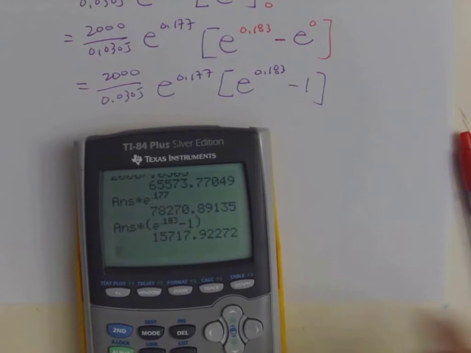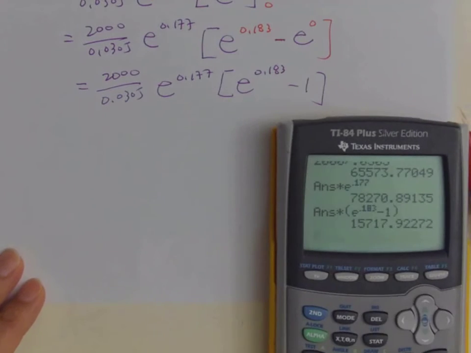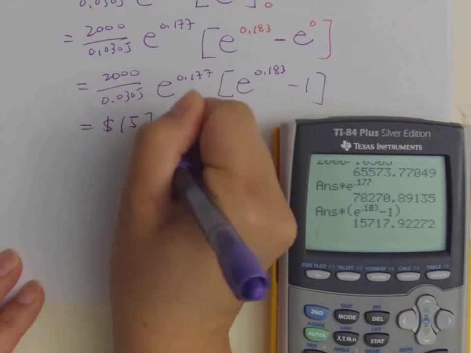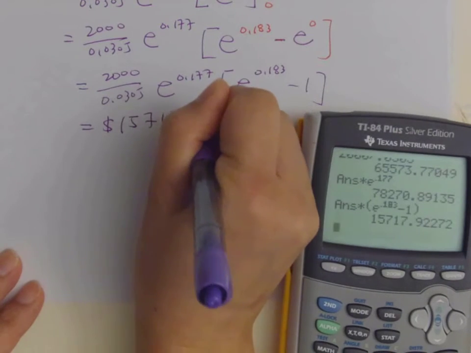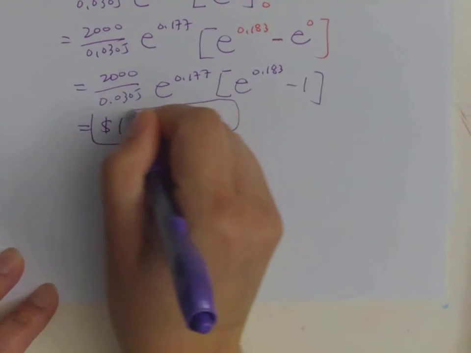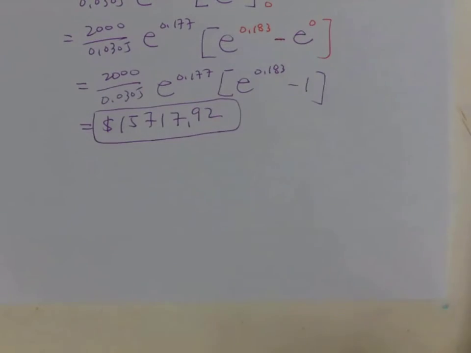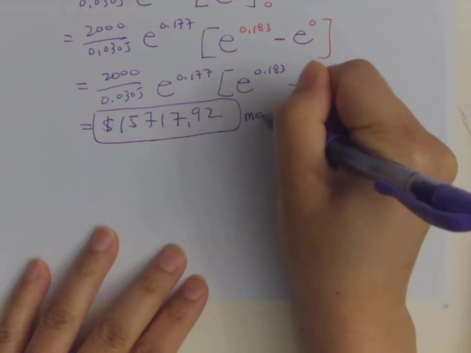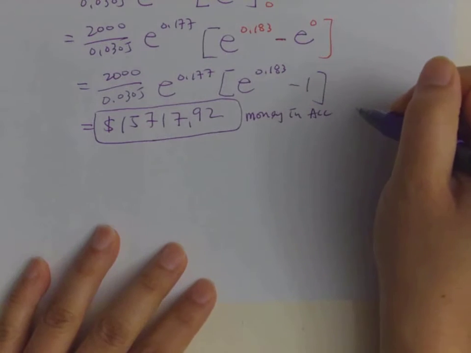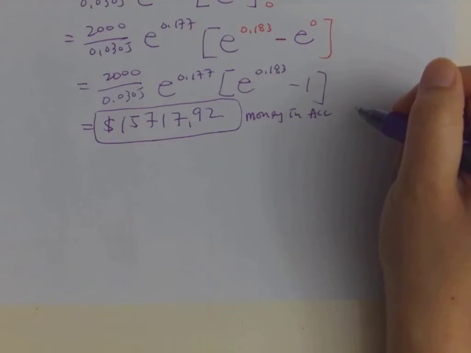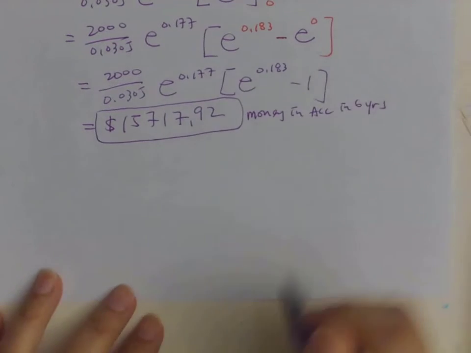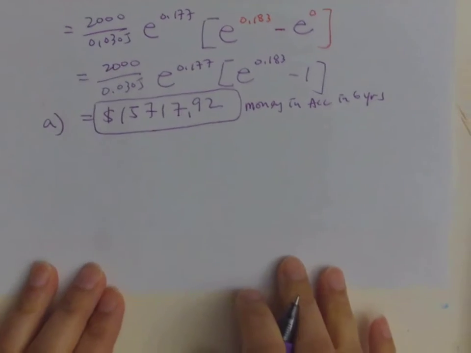So my answer is 15717.92, right? So this is what you have in the account after all this time. That's the future value for 6 years, right? Okay, so that answers part A of the question.